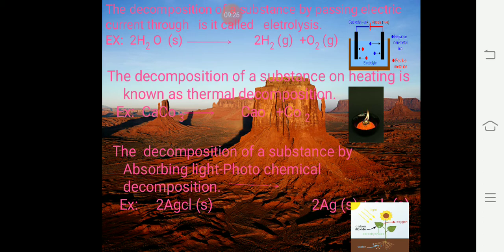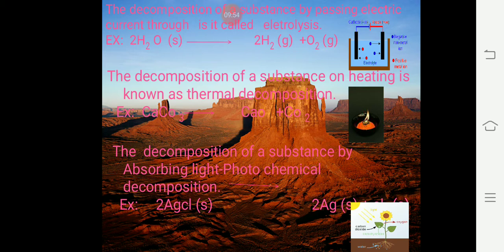That's it. Next one is photochemical decomposition. Photochemical decomposition means it absorbs light. When decomposition occurs by absorbing light, it is photochemical decomposition. The best example for this is photosynthesis, when green plants prepare food using the photosynthesis process.